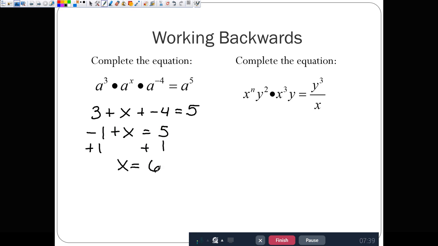Okay, so I'm looking for what n would be here. In order for me to do that, it would be n plus 3 would equal, how would this x get to the bottom? It would have had to be negative, right? And does it have an exponent? No, so it's 1, so it's going to be negative 1. So that means that n plus 3 has to equal negative 1.